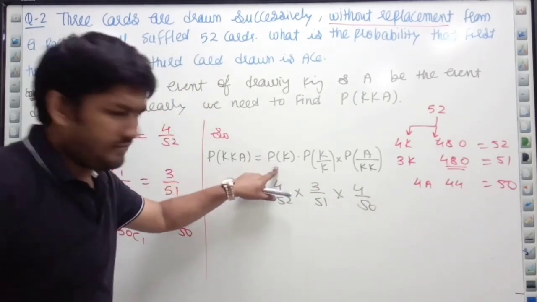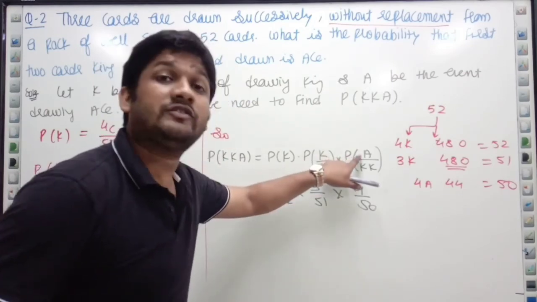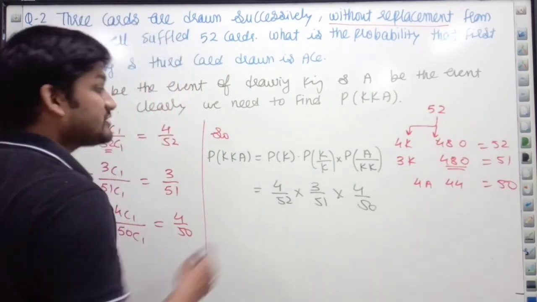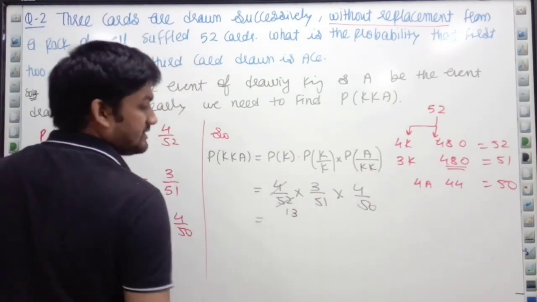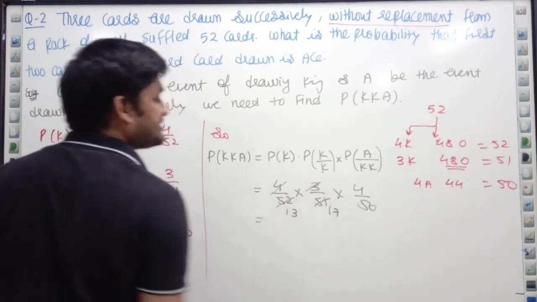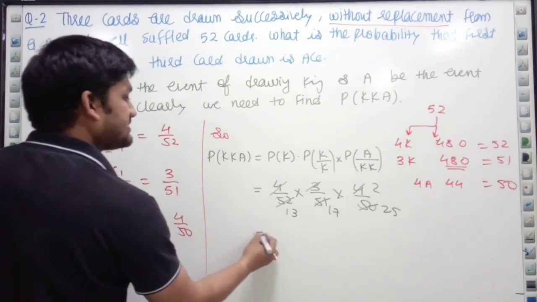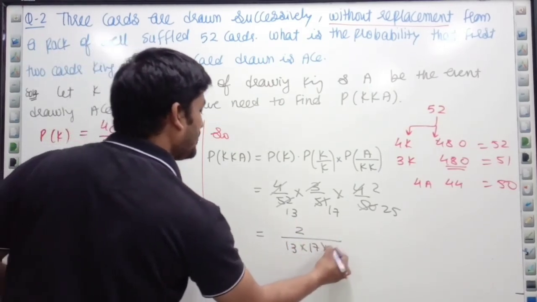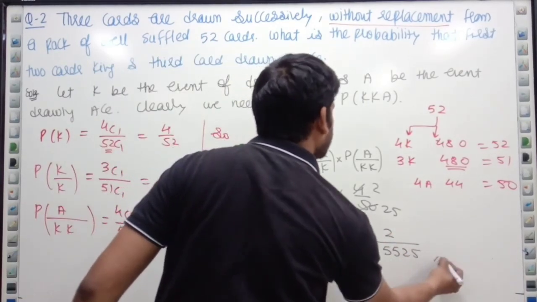Probability of king, probability of second king, first was already king, probability of third ace such that the first 2 are kings, sorry. So 4 thirteens are 52, 3 seventeens are 51, and 2 twenty-fives are 50, so we can say 2 upon 13 into 17 into 25, and this is the answer.